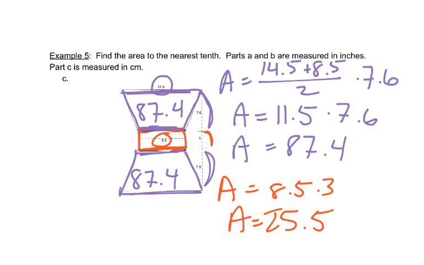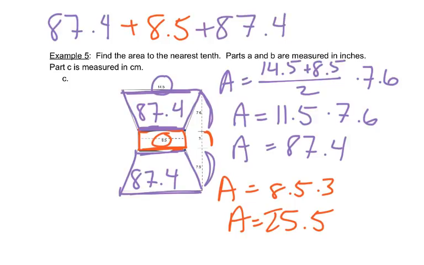But in this situation, we're not taking pieces out, we're putting pieces together. So we'd want to take the 87.4 plus the 25.5 plus the 87.4 and add them together to put the pieces together to get a total area. And if we do that, we get 183.3 square centimeters.